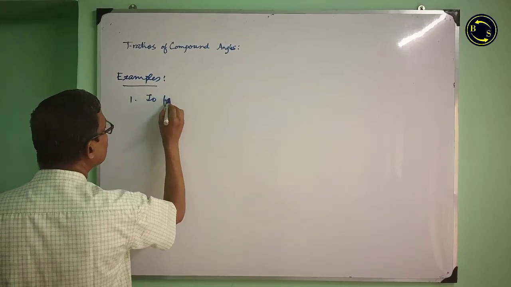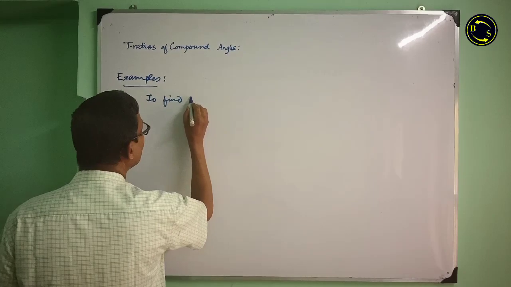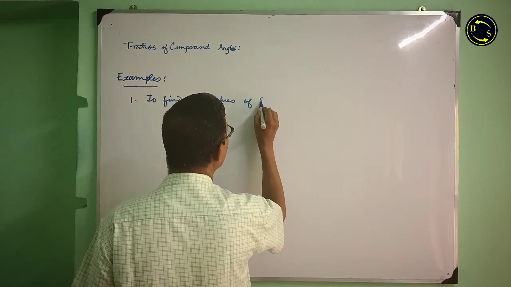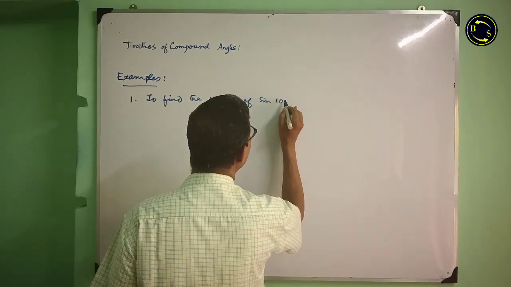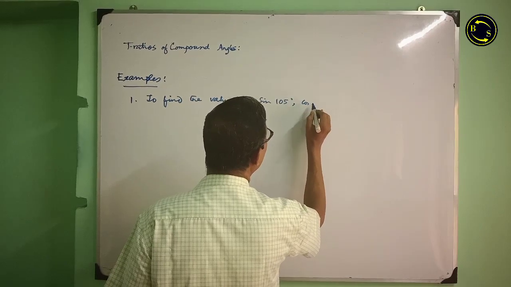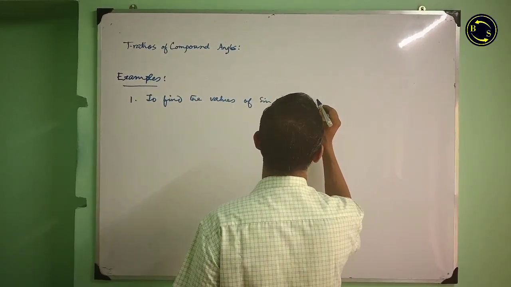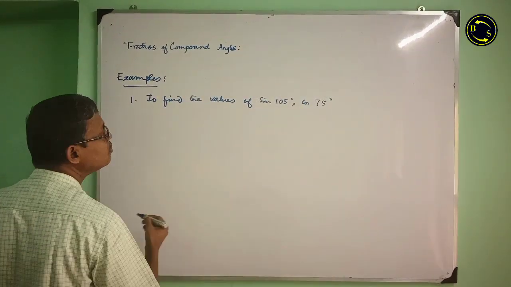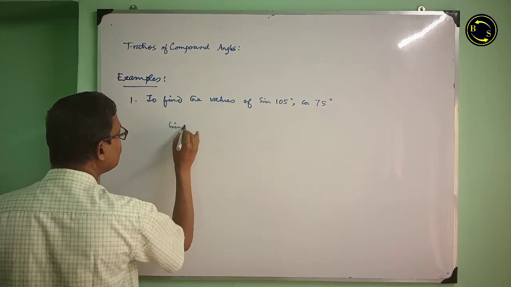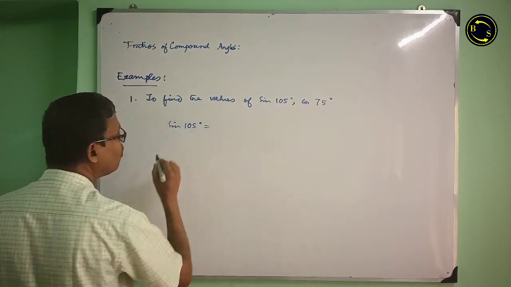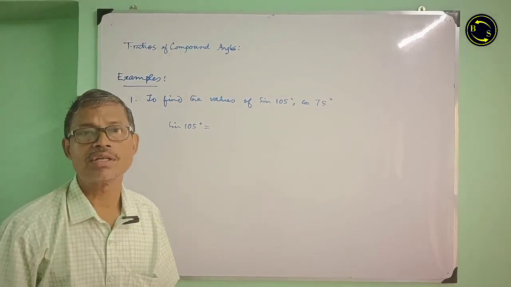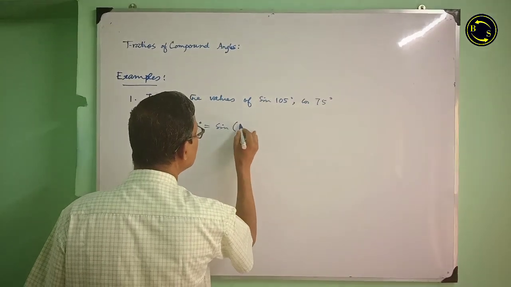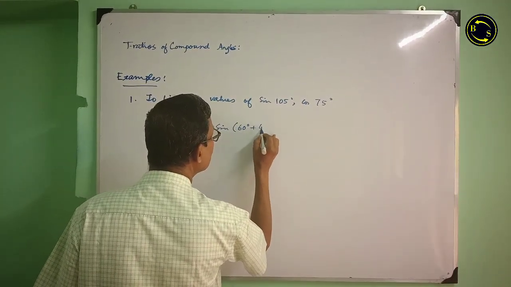To find the values of, first sin 105 degree. Now 105 degree can be written as sum of 60 degree and 45 degree. That means sin 60 degree plus 45 degree.